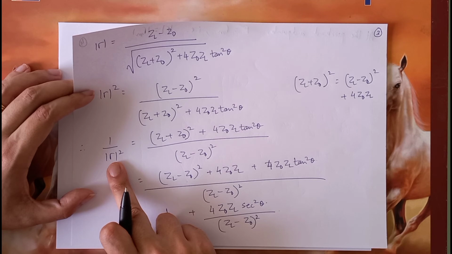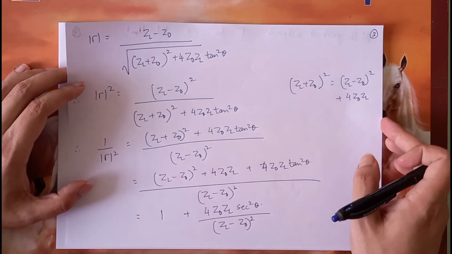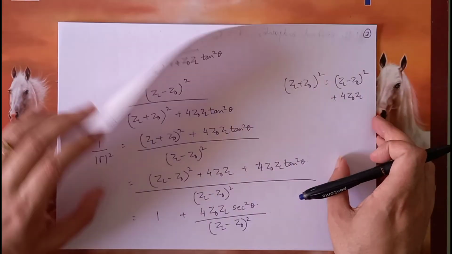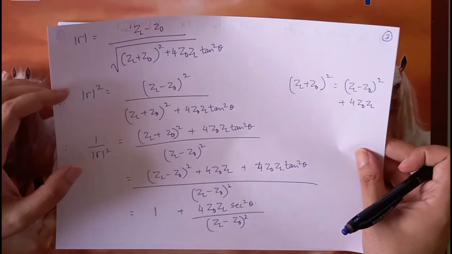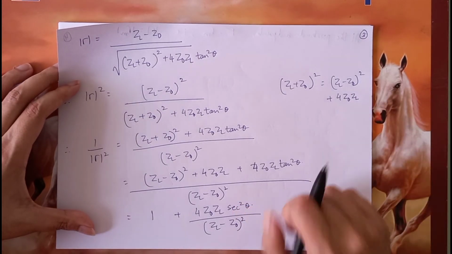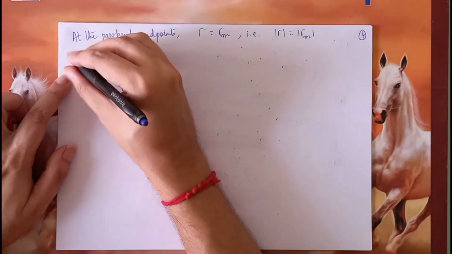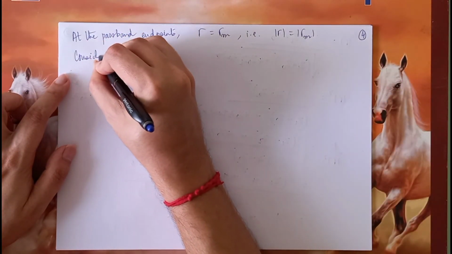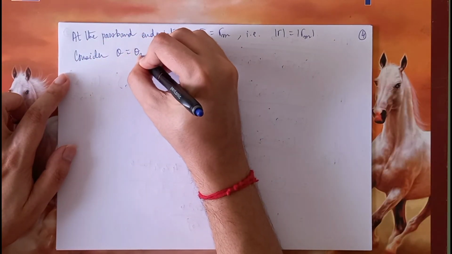So the first point, let us choose the lower bound of the passband, that is when theta becomes equal to theta m. So consider theta equals theta m.